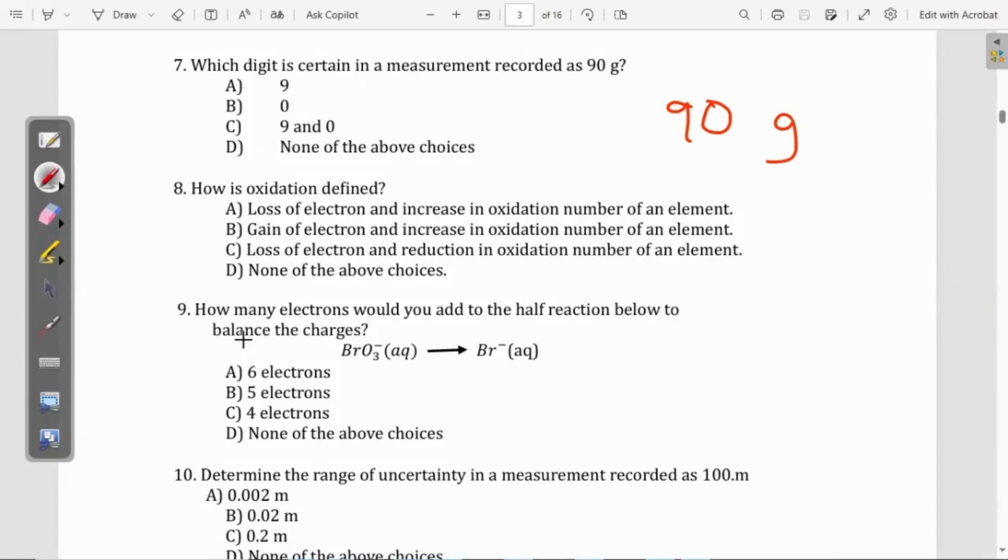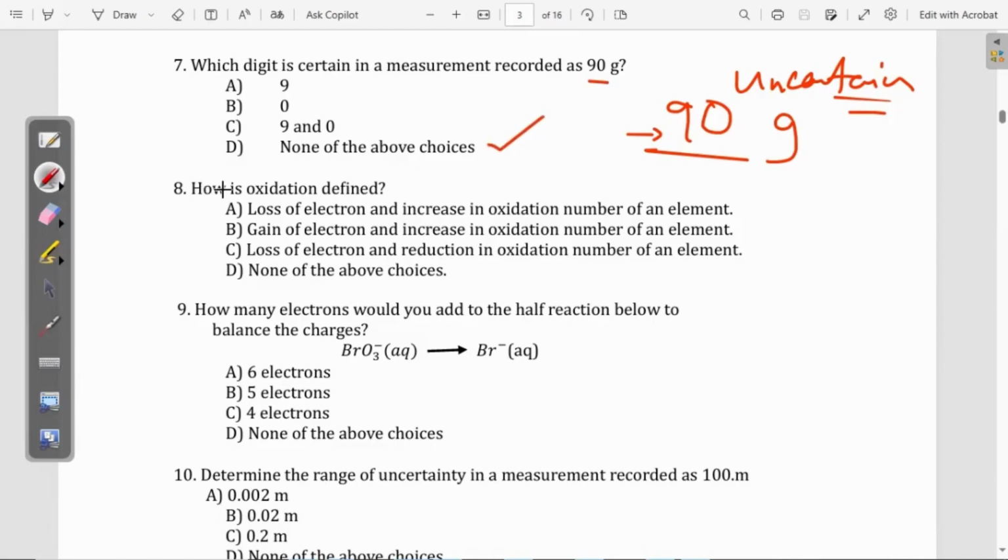So the uncertain digit in any number is always the last significant figure. So this number here only has one significant figure, which is 9. So this 9 will be uncertain. Meaning that in this number, there is no certain digit. So we're going to say none of the above choices.